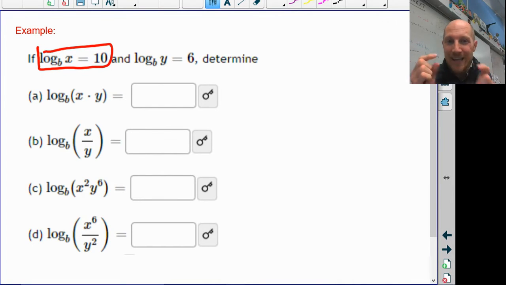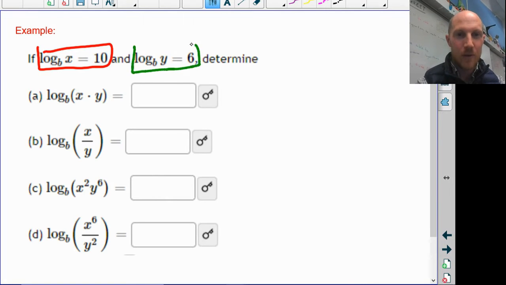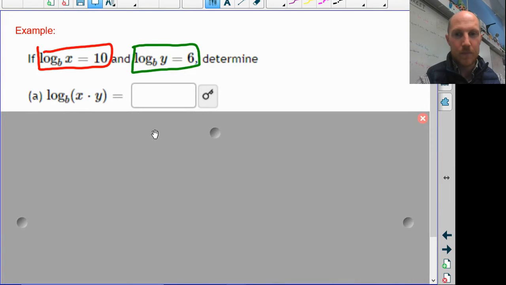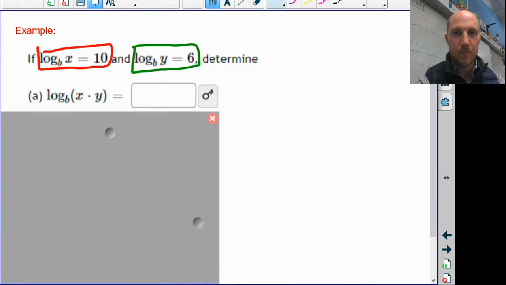Basically, it's giving me a tiny little bit of a log table and saying, here, go use the logs to evaluate some stuff. Okay, so for part A, log base b of x times y. I don't know what x is, and I don't know what y is.